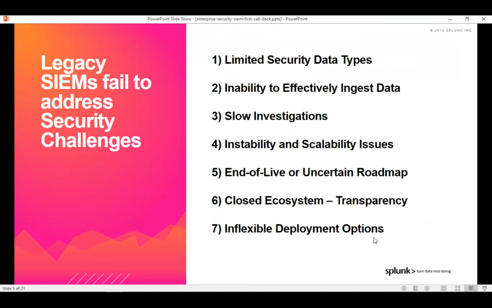Where the legacy systems fail to overcome these challenges are the following points, where they only look into the security data type, or only security data from security devices, like mainly firewall and antivirus, or EDR nowadays. And they fail to give you an overall picture of what has been impacted.